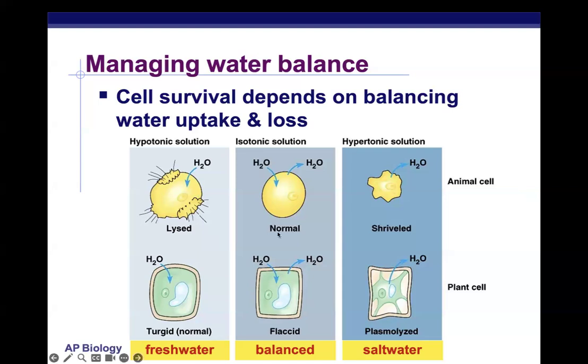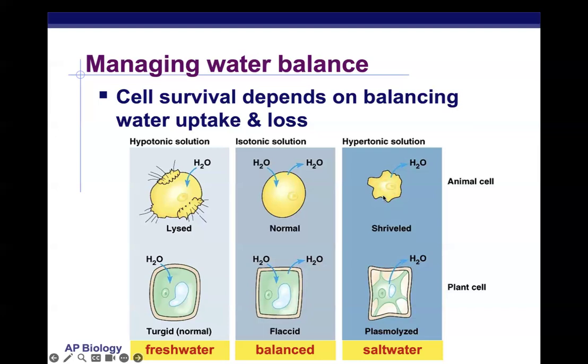On the other hand, here's a plant cell and an animal cell in an isotonic solution. The animal cell will, of course, just stay its normal size because as water goes in, an equal amount goes out. And a plant cell will just be a flaccid or limp cell. This is kind of what you would see if you didn't water your plant often enough.